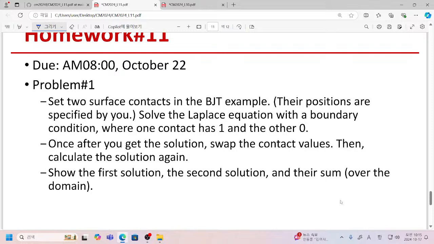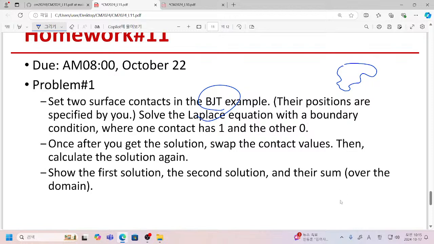The problem is quite simple. Please load your BJT example. Then you will have a certain complicated shape like this. And please specify 2 different contacts on that BJT example.